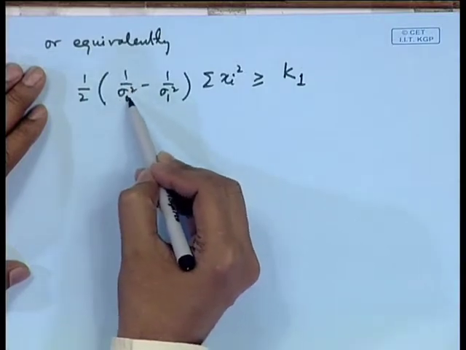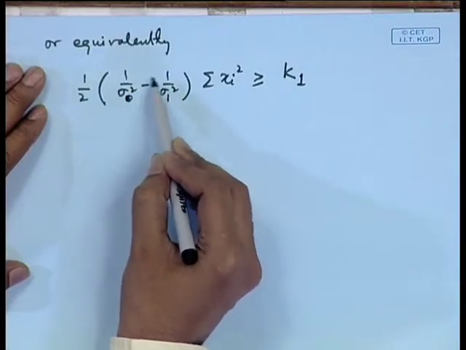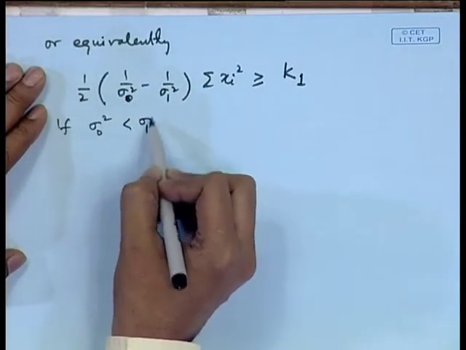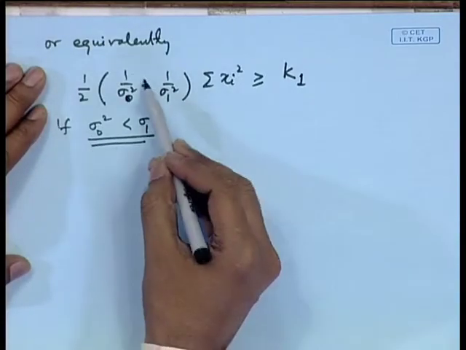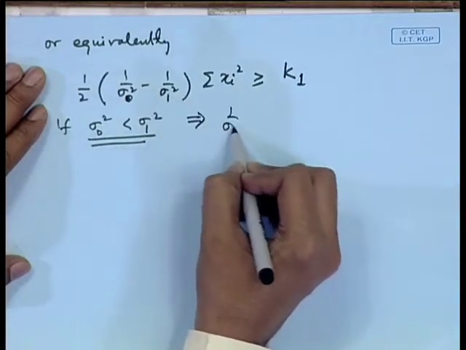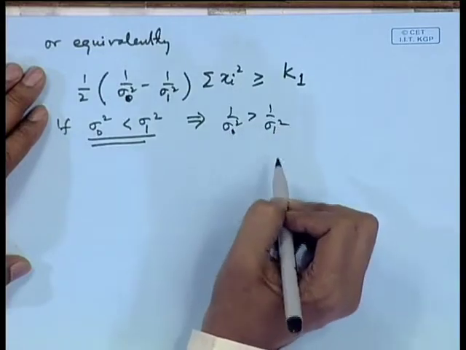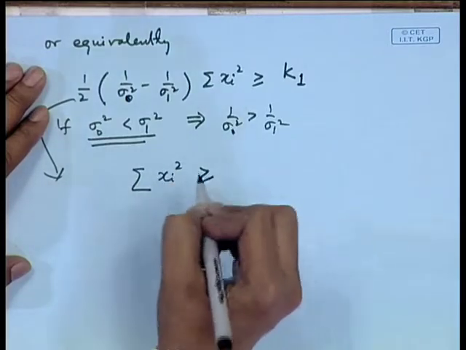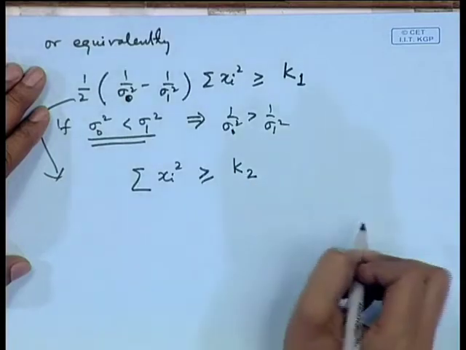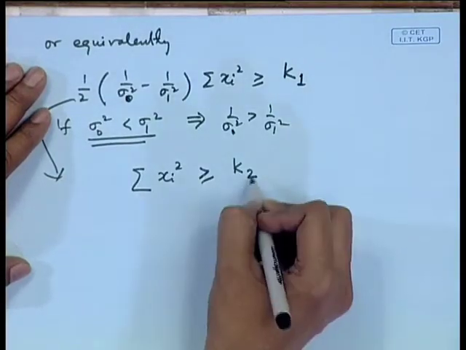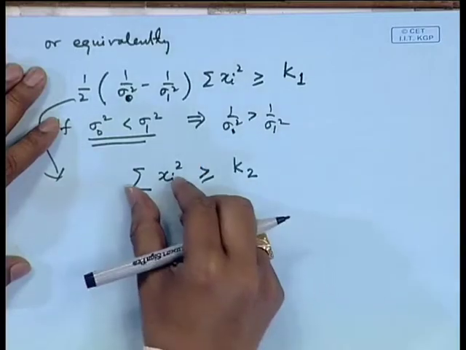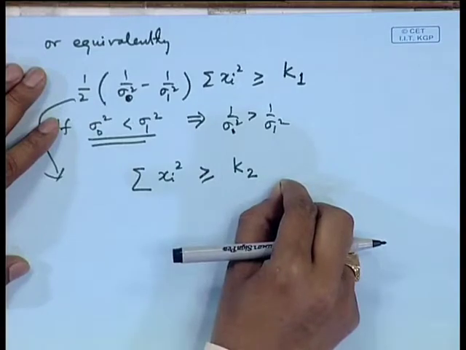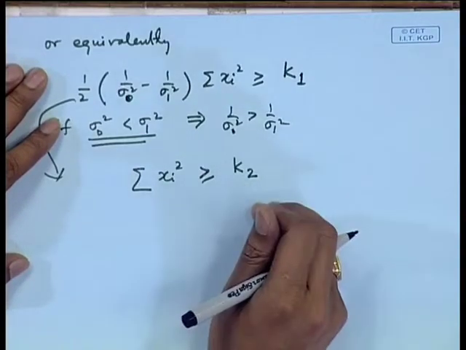Now, once again the relative position of sigma naught square and sigma 1 square plays a role here. Suppose I take sigma naught square to be less than sigma 1 square, then 1 by sigma naught square is greater than 1 by sigma 1 square. Therefore, the region will be equivalent to sigma x I square greater than or equal to say k 2, where k 2 has to be chosen in such a way that sigma x I square greater than or equal to k 2 has probability equal to alpha when sigma square is equal to sigma naught square.